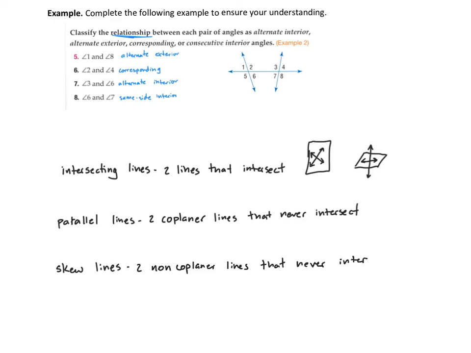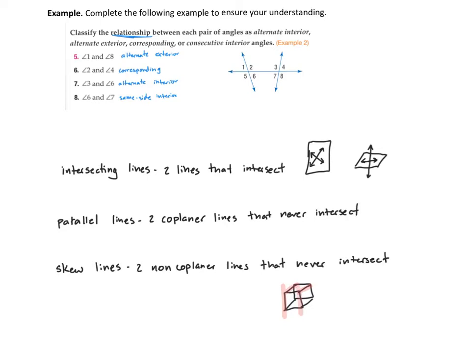And the best way to visualize skew lines is to think of a cube. So if I were to draw my cube, parallel lines would be two sides of the same cube. So here and here. Or you could go these sides right here.